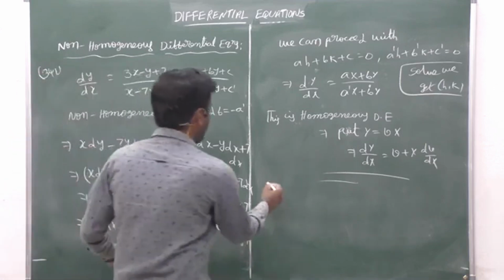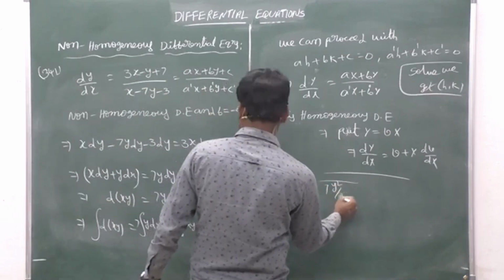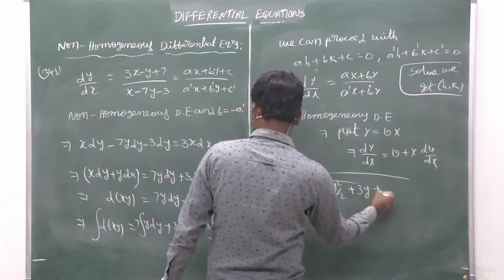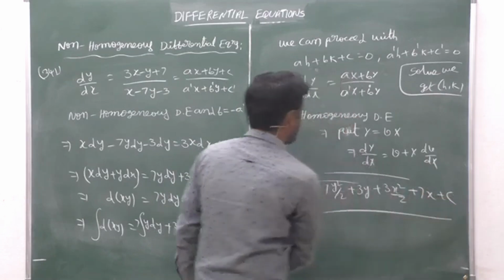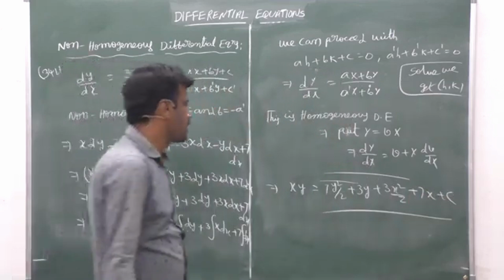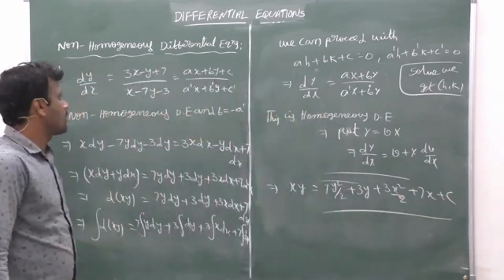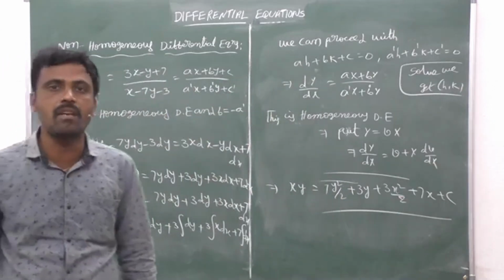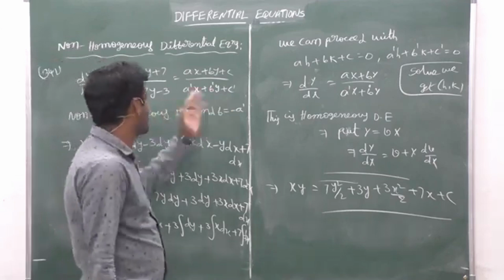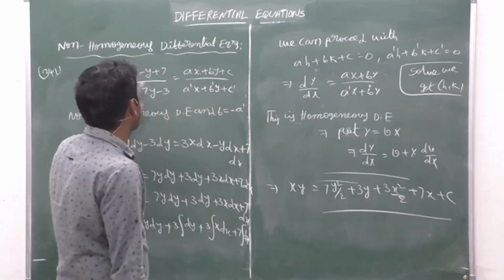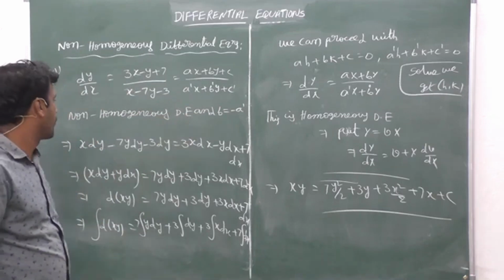That implies we get xy equals 7 into y square by 2 plus 3y plus 3x square by 2 plus 7 into x plus constant. That is the solution of 3x minus y plus 7 by x minus 7y minus 3. That is ax plus by plus c by a dash x plus b dash y plus c dash, b equal to minus a dash. Therefore, the non-homogeneous differential equation is case 1.